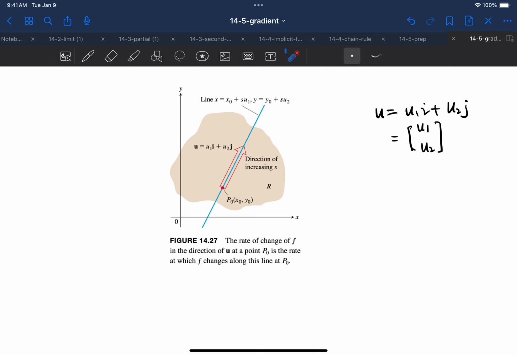The function f is considered to be your position height on the surface of the mountain area. So the rate of change of your position height in the direction of u at the current point p0 is the rate at which f changes along this line at p0. And this is called directional derivative.